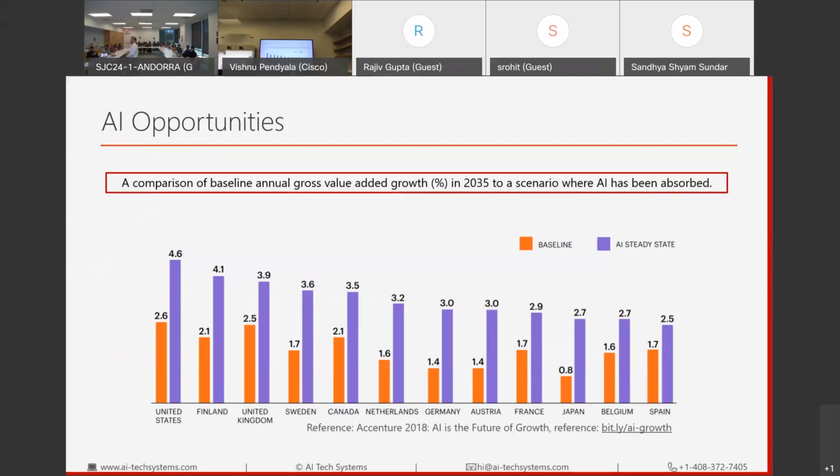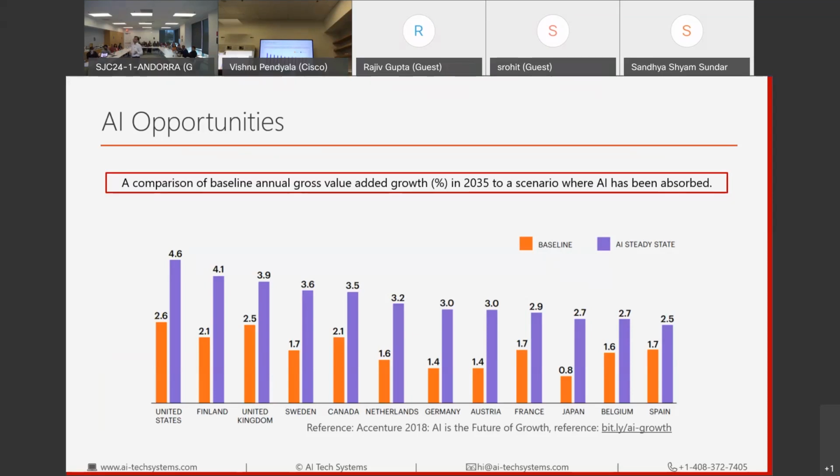Okay, so this slide shows just the sheer amount of opportunities that AI would bring. Now, how this plot is essentially, the 50% is a collection of 12 countries that produce 50% of the entire world GDP. And this study was done by Accenture in 2018 and compared the growth of GDP with and without AI.